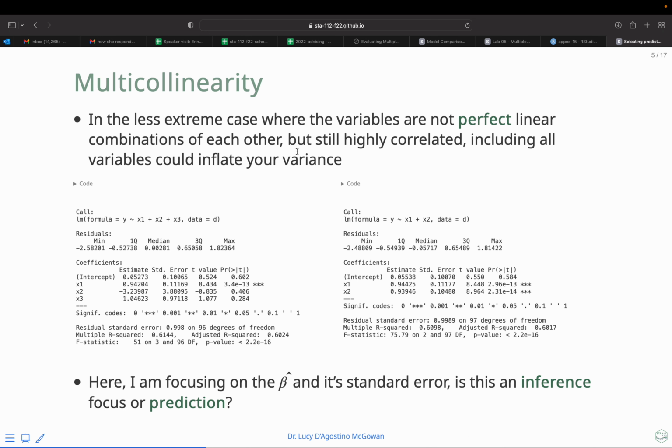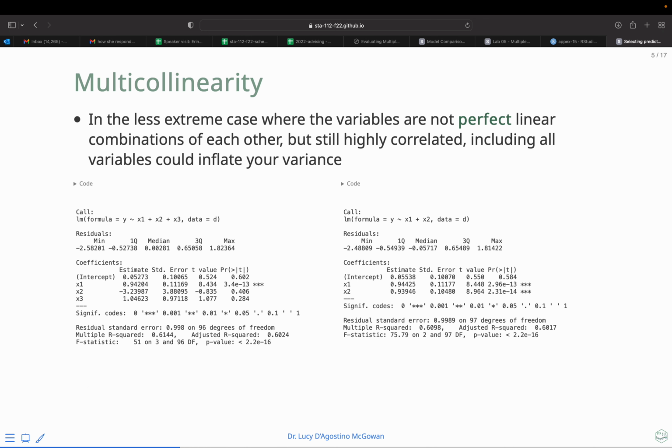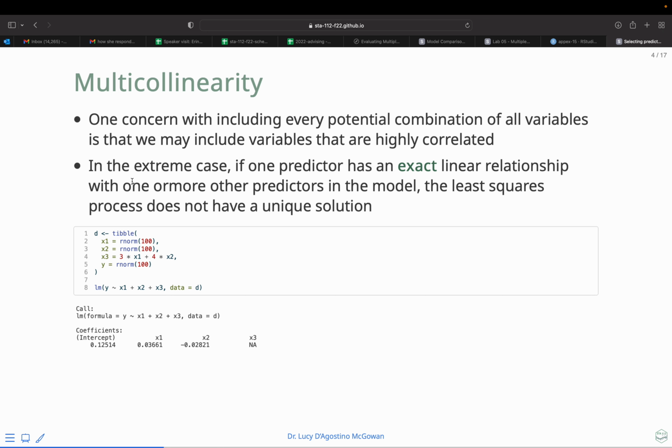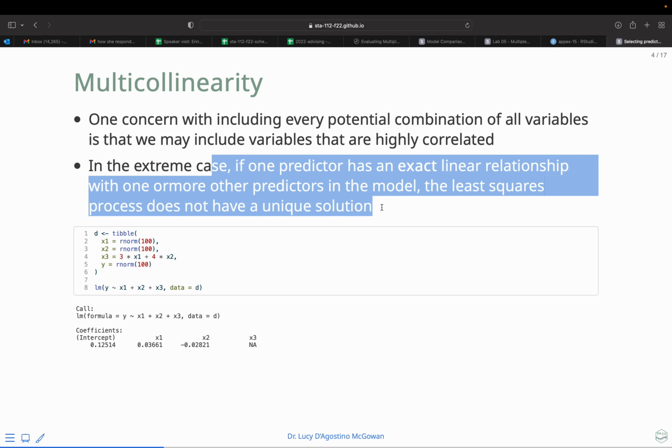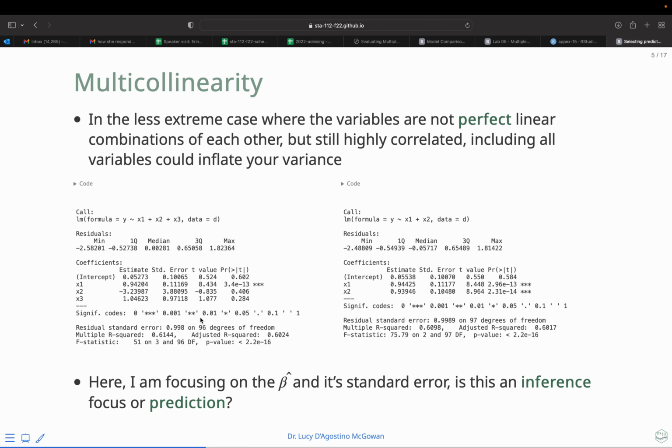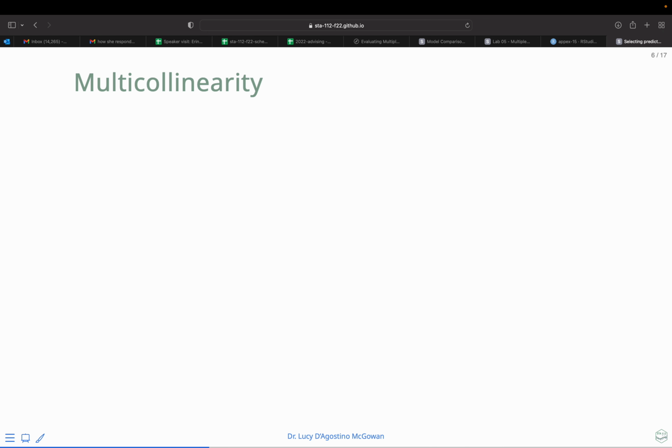So far, I've described one case where perfect collinearity is a problem because it's just not possible to fit your model. It can be a bit of a problem with inference, particularly if you aren't sure that the highly correlated variable is a confounder, in which case it probably shouldn't be in your model anyway.